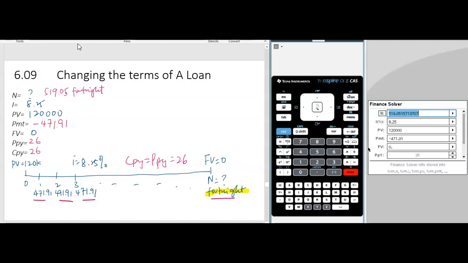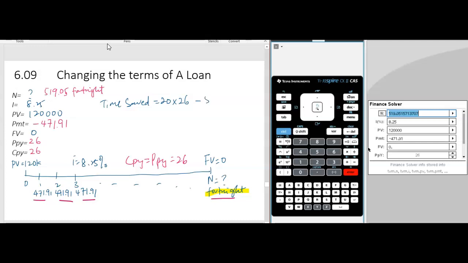Okay, so they ask you how much earlier. So how much earlier is actually the time saved. Right, earlier you spent 20 years. 1 year has how many fortnights? Altogether 26. Minus the one that you have found, 519 fortnights.